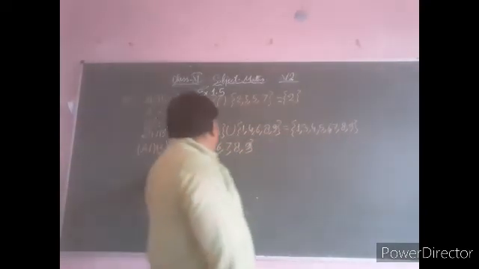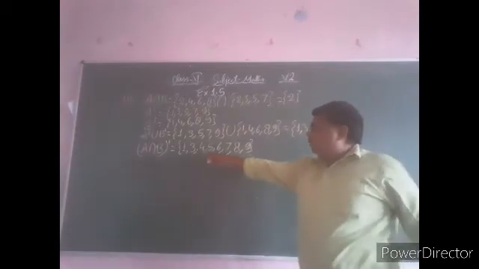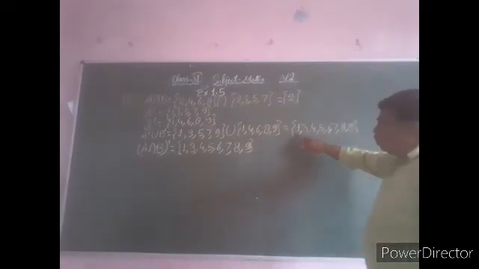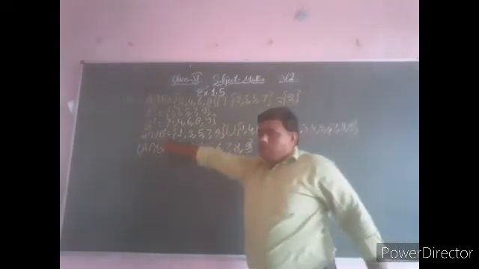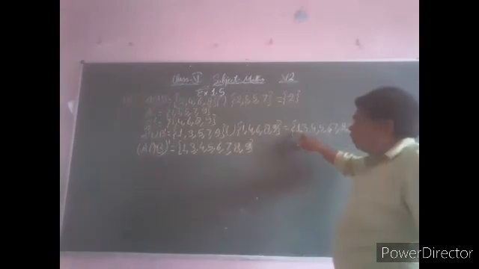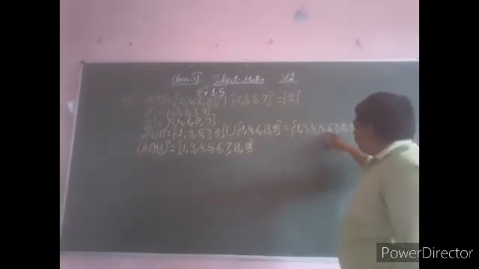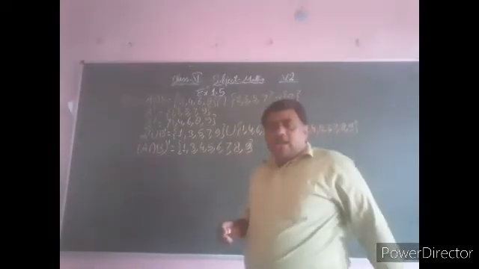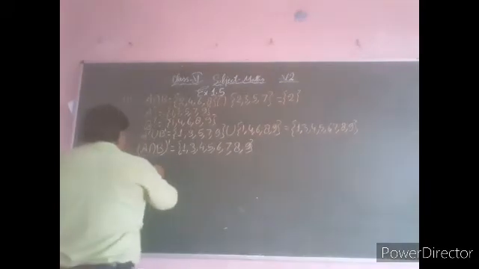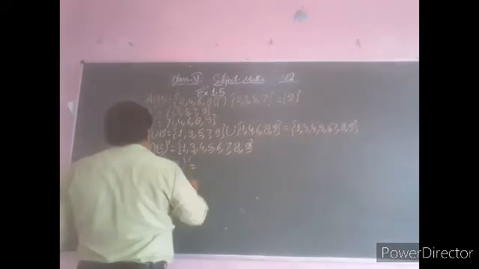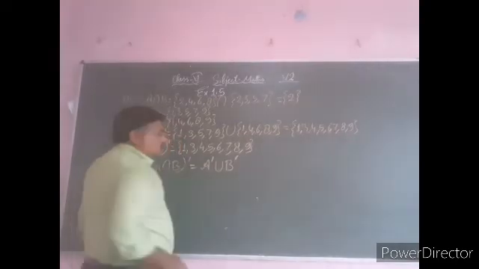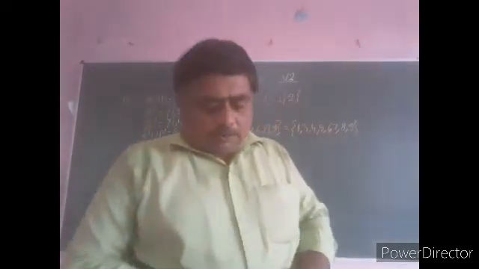Here in A intersection B complement it is 1, 3, 4, 5, 6, 7, 8, 9 and A complement union B complement is also 1, 3, 4, 5, 6, 7, 8, 9. So in both of them the elements are same. Therefore, A intersection B complement is equal to A complement union B complement.